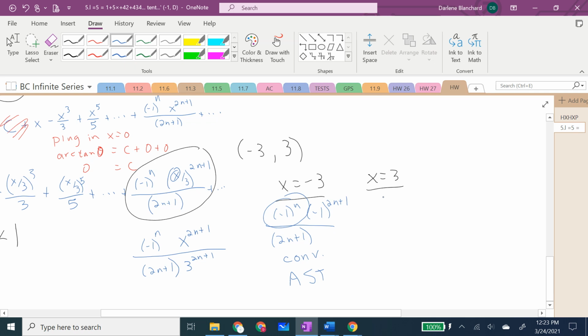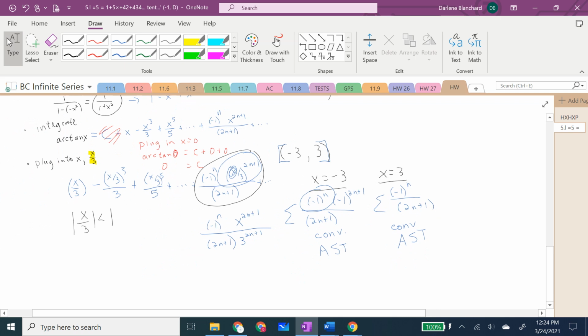For the other one, I basically get the same thing. When I bring the positive 3 in here, this just becomes a times 1, but it's an alternating series, and it converges by AST. So final answer is interval of convergence includes endpoints.